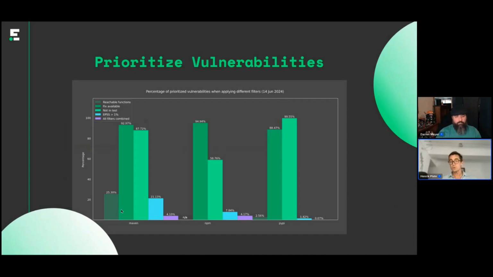And so if you combine those scores together, in case of Maven, if you combine actually all 4 scores, as you see here, you start by looking at only 4.something% of the vulnerabilities. And it's a comparable number for the NPM ecosystem, where you would look at 4.17% of the vulnerabilities first before going to other ones. And so I think this is a confirmation of data that we also already had in previous editions of the Dependency Management Report.